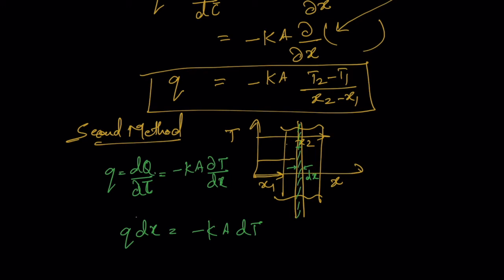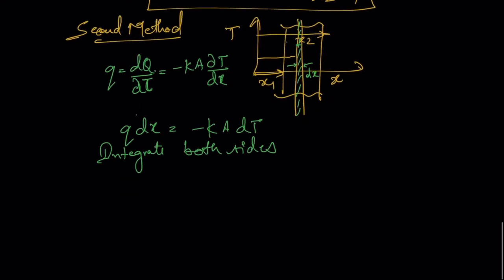So if you integrate both sides, q you can take outside the integration, minus Ka, K is constant, A is constant, dT. At x equals x1, temperature is T1, at x equals x2, temperature is T2, right?